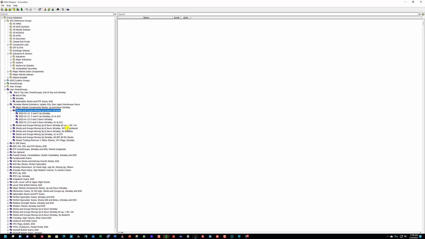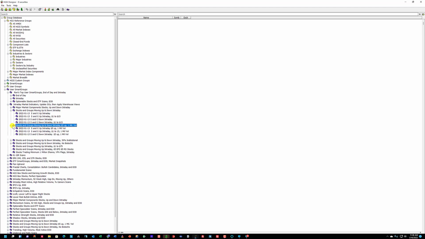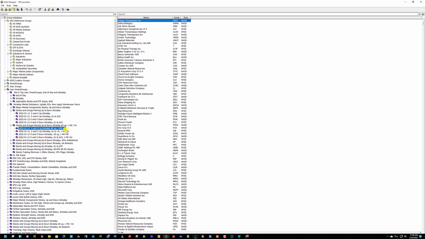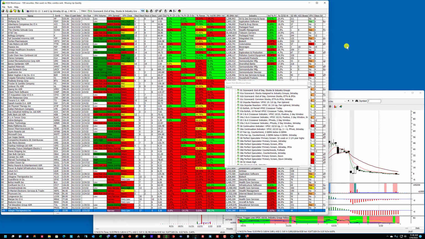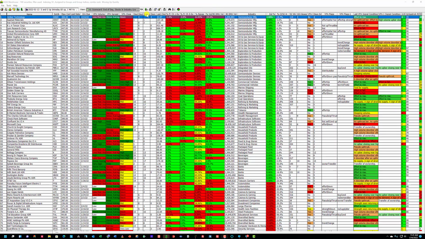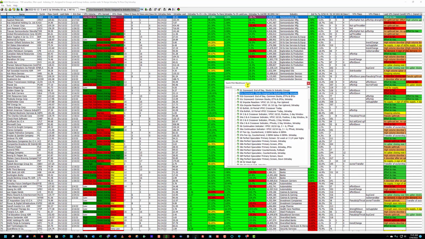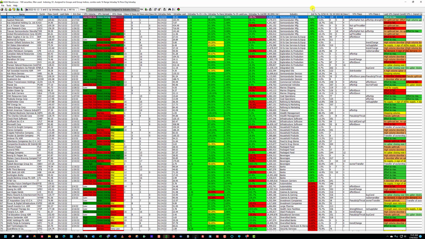Now I want to limit this to stocks that trade 1 million shares of volume minimum, and the way I've got this filter set up, it cuts off at 100 securities. So I'll click through to my warehouse views and click through to the end of day. I will have to make sure I'm on intraday.